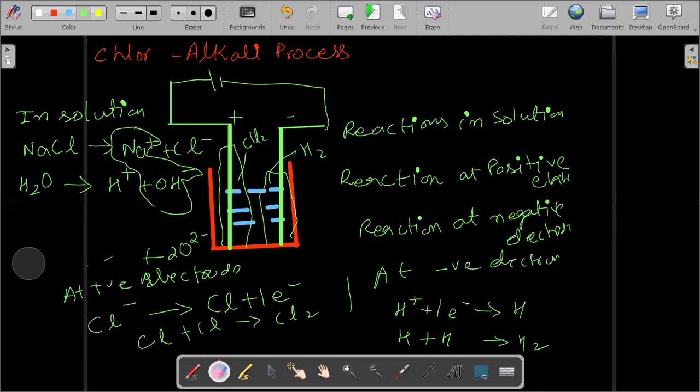Looking at this reaction, in the solution I'm getting Na plus OH minus, so this gives me caustic soda, NaOH. These are the different products which are formed: you get chlorine gas, you get hydrogen gas, and you get caustic soda, sodium hydroxide.